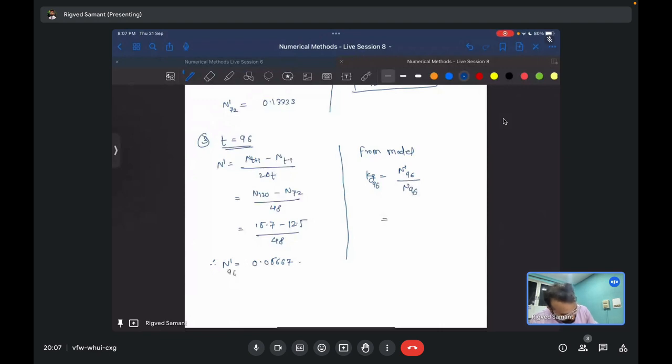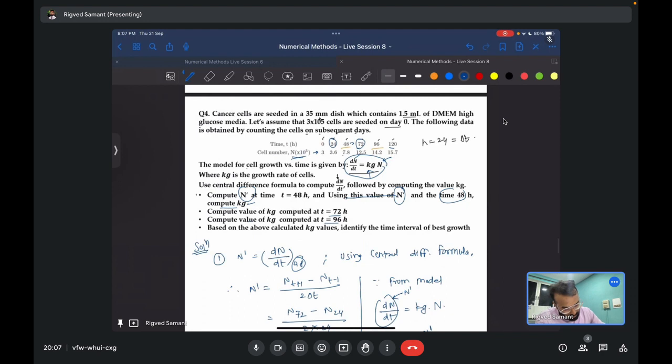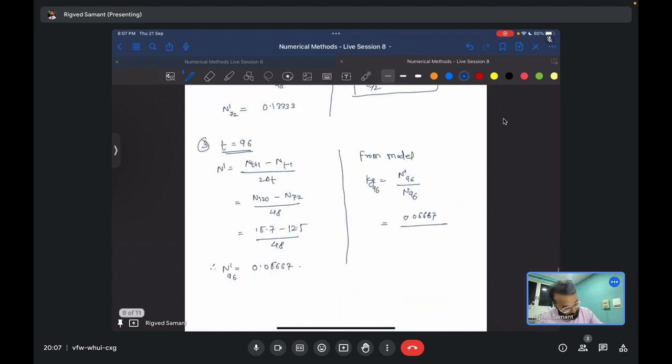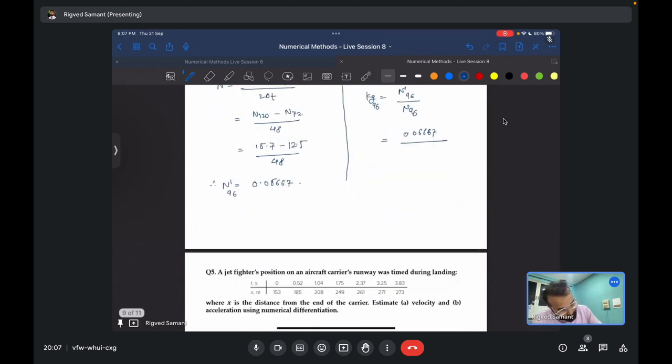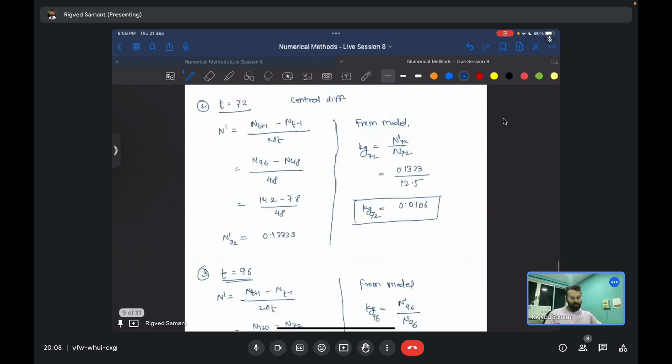So this is n dash at 96, 0.0667, divided by n at 96, which is what? 14.2, right? 14.2. So the value of kg is 4.694 into 10 raised to minus 3. Okay, so this is what we got.